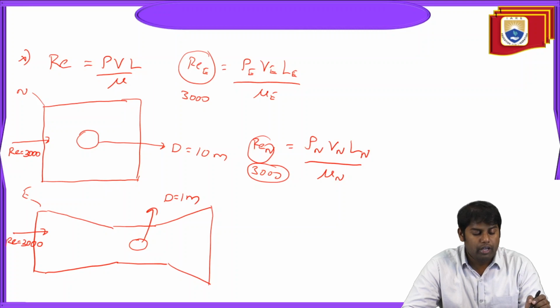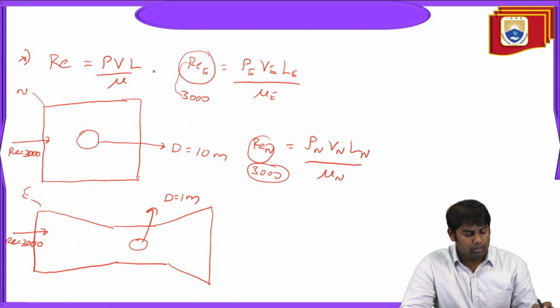We can also change the medium. Let's say we are doing the experiment for flow over a cylinder with air. We can use water for the numerical, and we can still compare the results. Why? Because they are both Newtonian fluids. When you take Newtonian fluids, we can compare the Reynolds number of experimental and the Reynolds number of numerical. Here we have diameter d equal to 1 meter and diameter d equal to 10 meters.